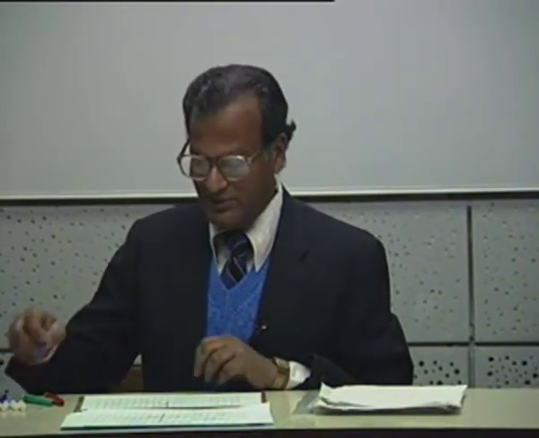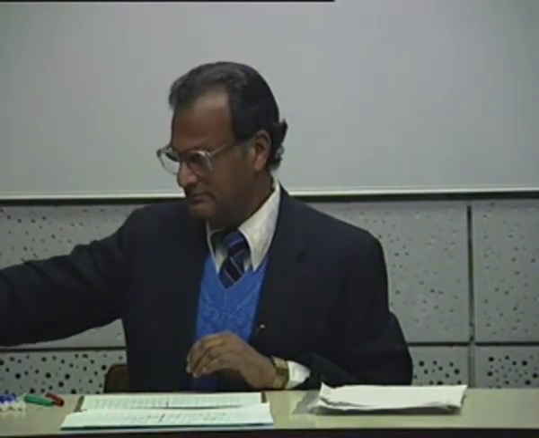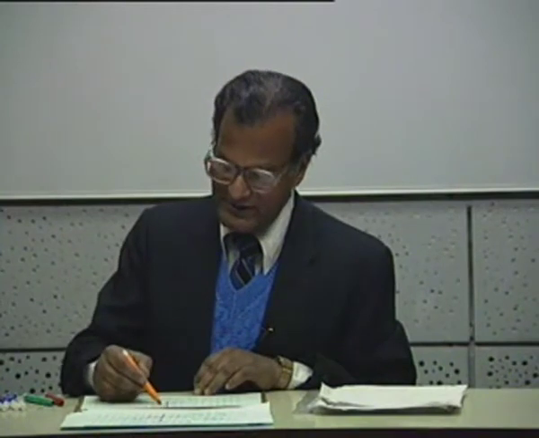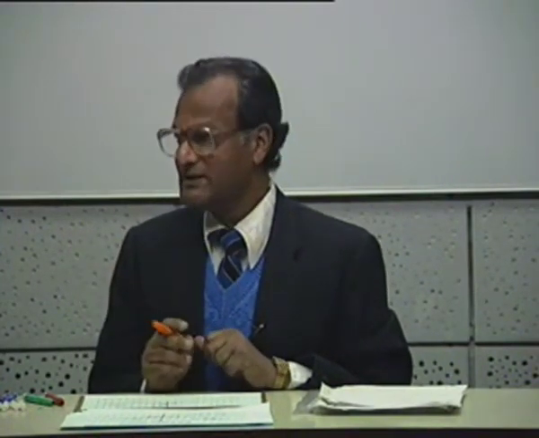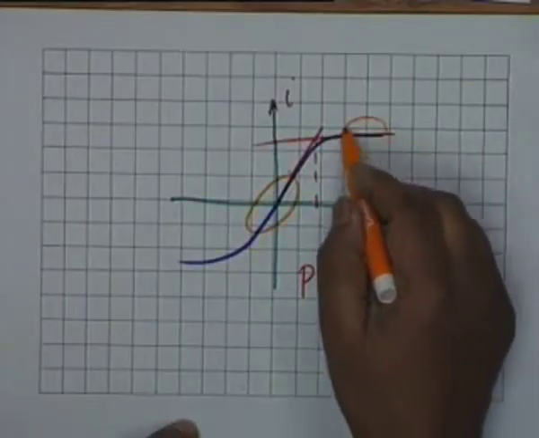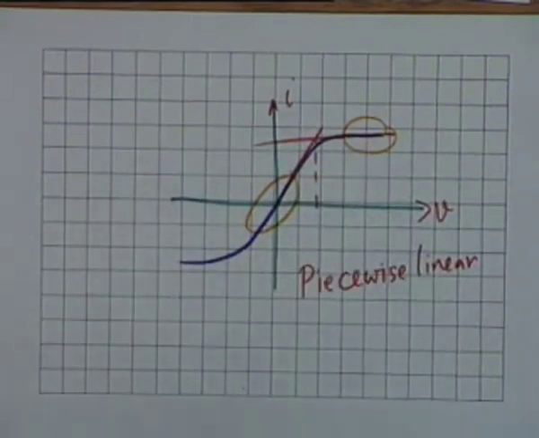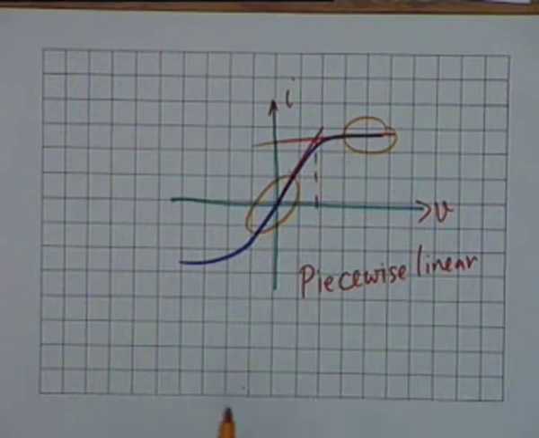For example, if the device is operating in this region, then obviously you can treat this device as a linear device, correct? Or if the device is operating in this region, it does not go to low values at all, then obviously you can again approximate it by a linear device.